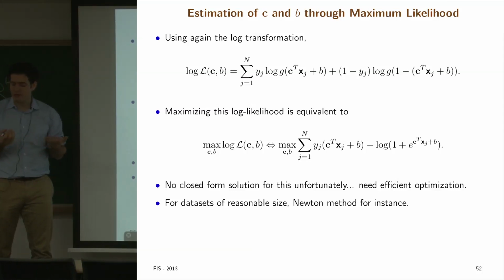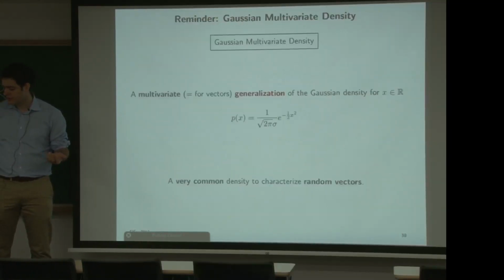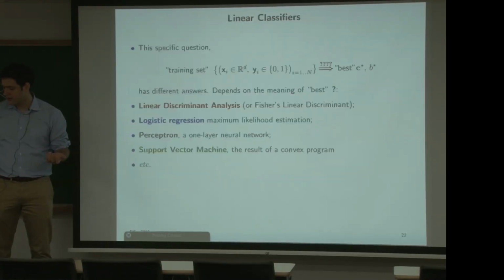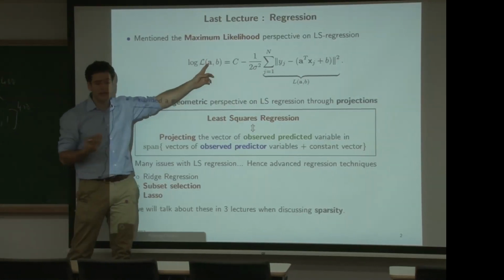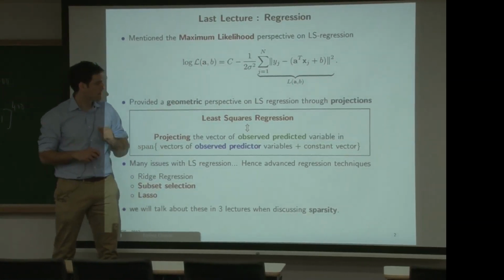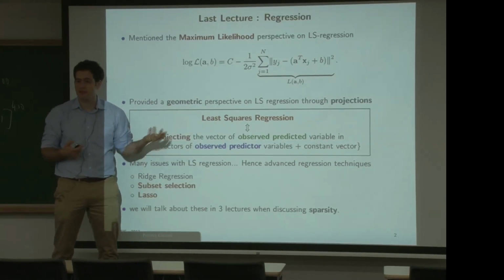You remember that when we were doing maximum likelihood estimation for regression, it was far simpler. The likelihood function, which was really the very first slide of the lecture, was this quadratic function, very simple to solve.